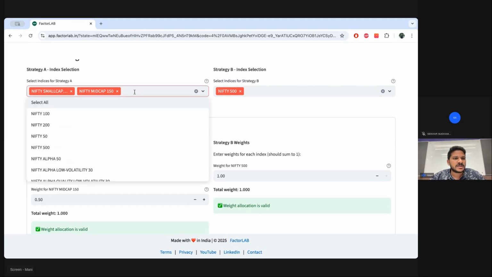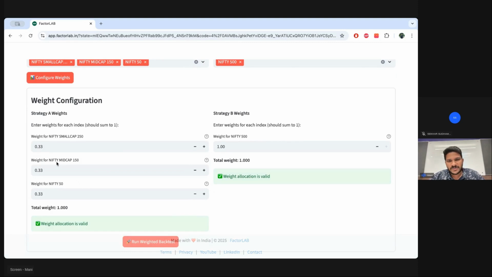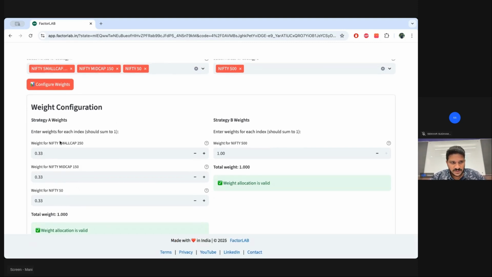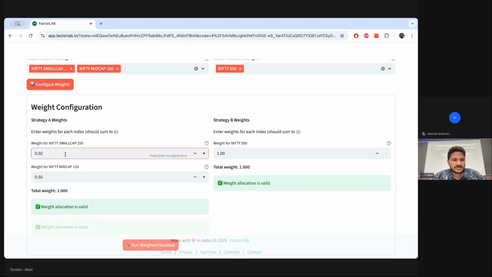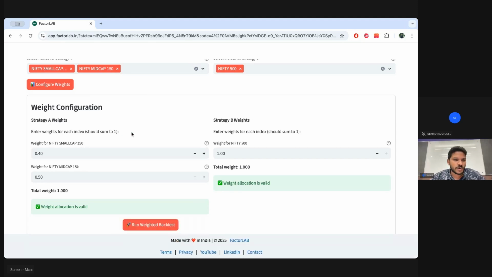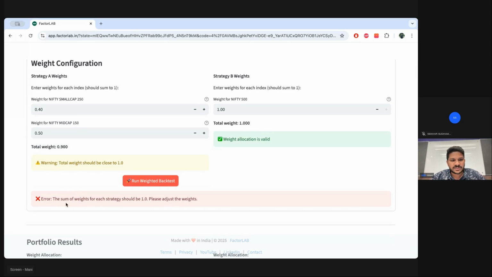When you add another index, let's say Nifty 50, you see that this tool automatically creates 3 weights for you because you have 3 indices. When you add up these weights, make sure the total weight is 1. So let's say if I take just small cap or mid cap 150, if I mistakenly put 0.4 here and 0.5 here and run the backtest, it will not work because it throws an error saying that the sum of weights should be 1.